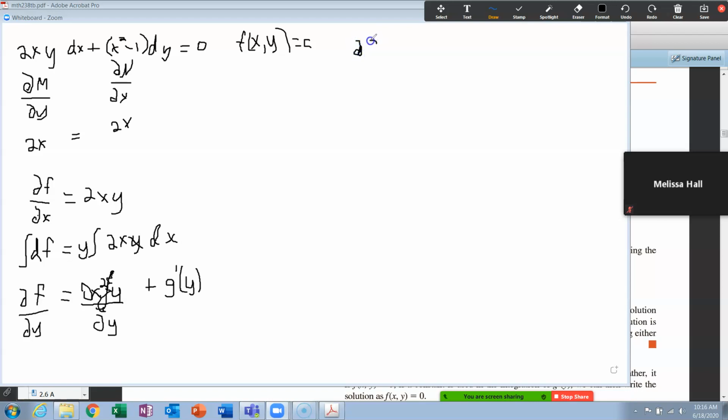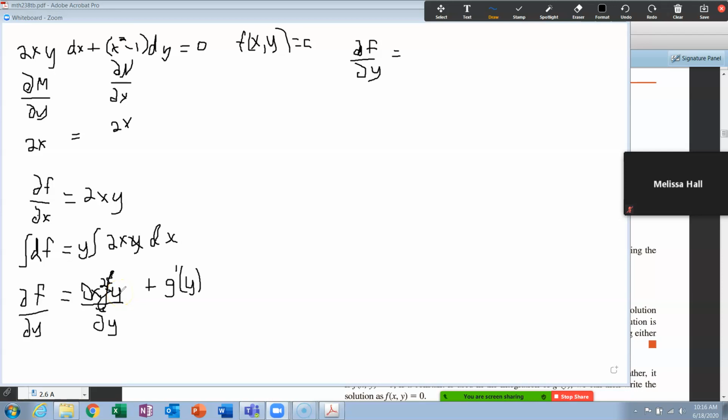So let's do what we just said. The partial of f with respect to y is equal to, now we can do this partial derivative here. The partial of this with respect to y, because you treat x as if it's a constant, so x squared is a constant. So you only take it with respect to y.